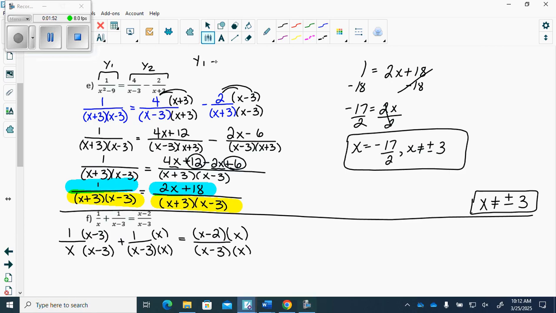If you don't, you're going to have to go numerator in brackets divided by denominator in brackets. So that's y1. y2 would be full fraction 4 divided by (x minus 3), close the bracket, show it's a fraction, minus, open the bracket, 2 divided by (x plus 3) to show it's a fraction.